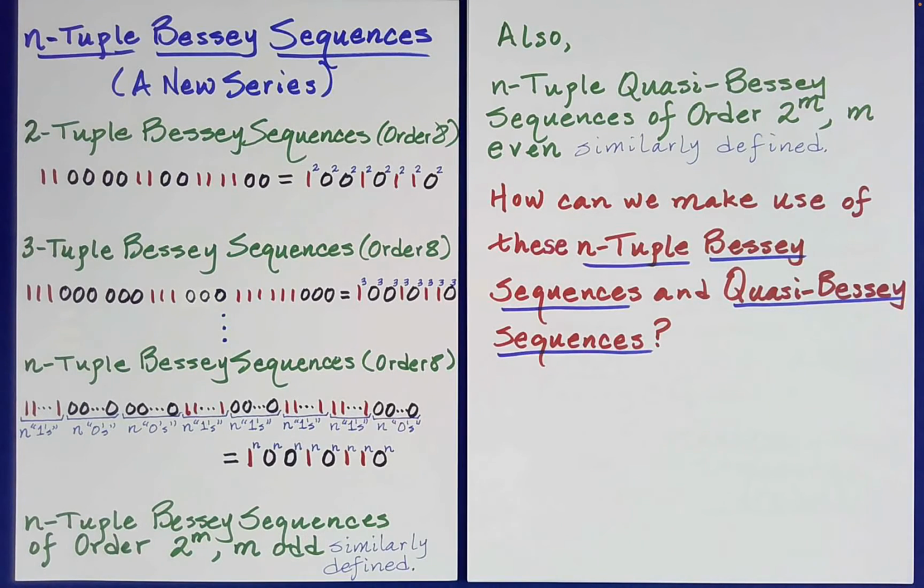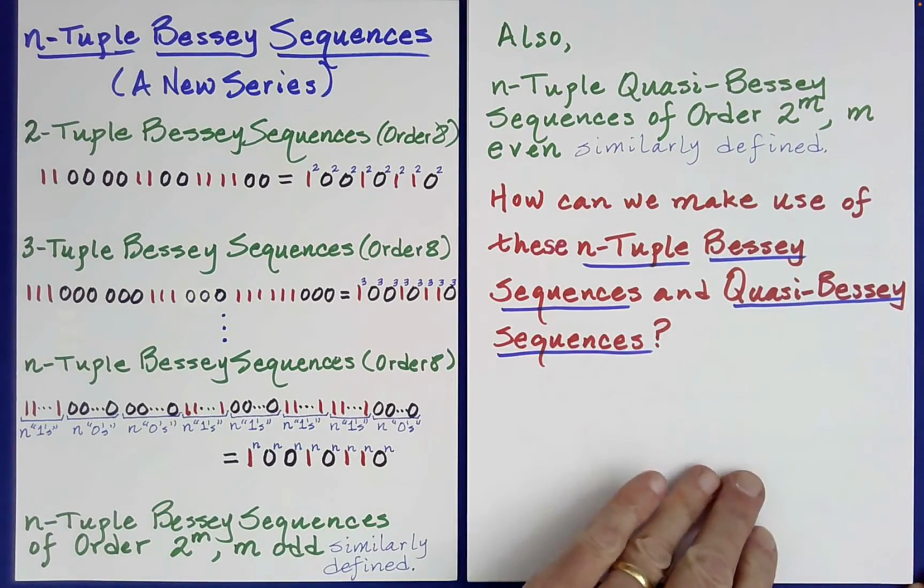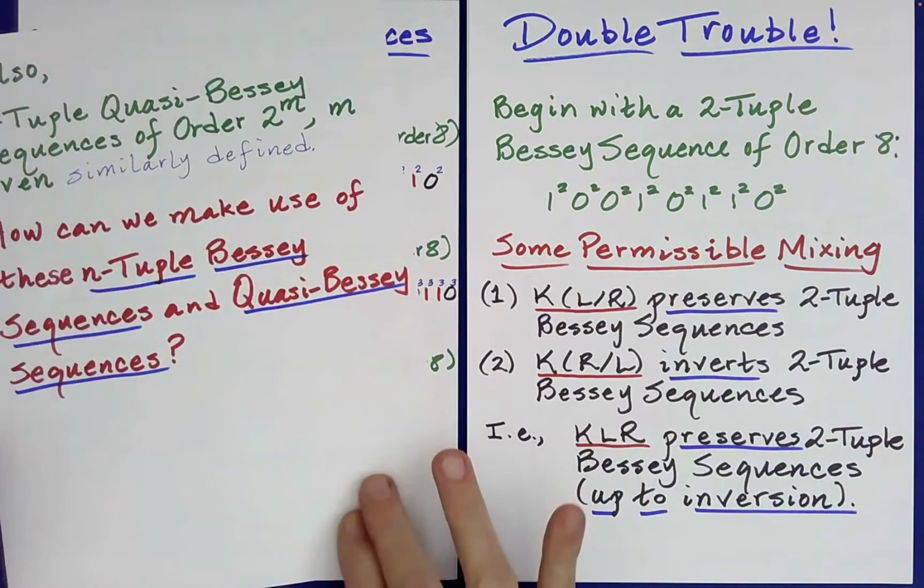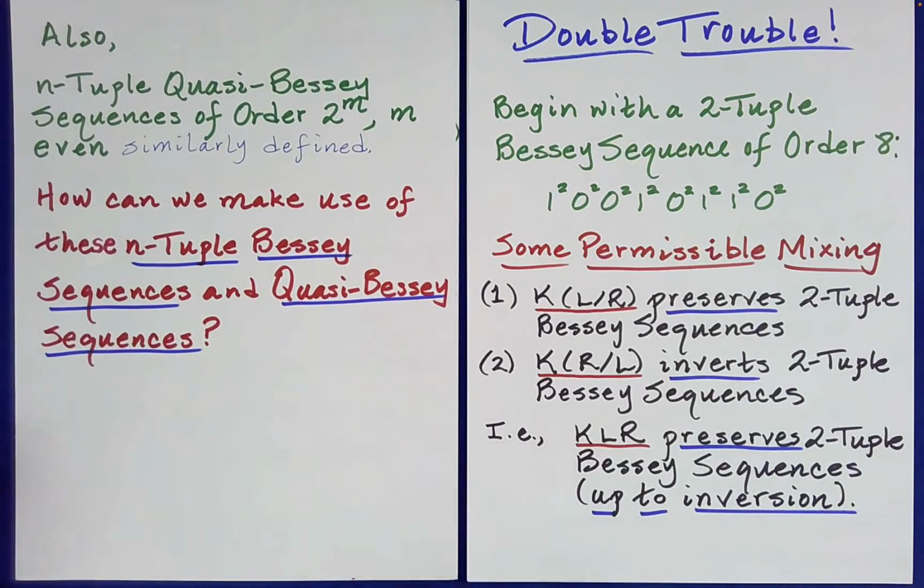I will give an example in this video today, but my primary goal here is just to point out, hey, consider doing this with a Bessey sequence where we repeat the zeros and ones in some way, but we are still able to leverage the remarkable invariance of the fundamental Bessey sequence itself. So that's kind of where we're headed in this first video in this series.